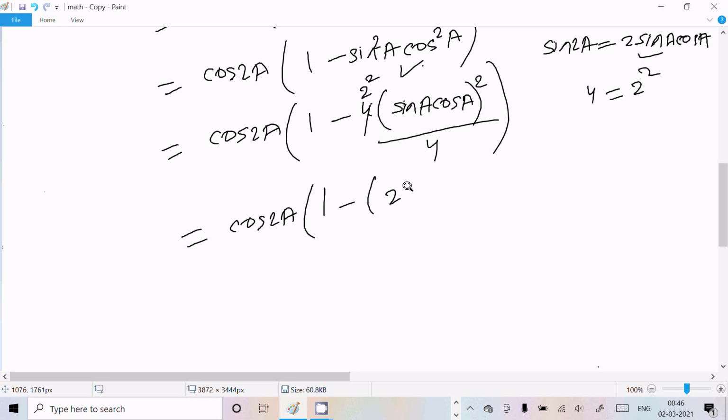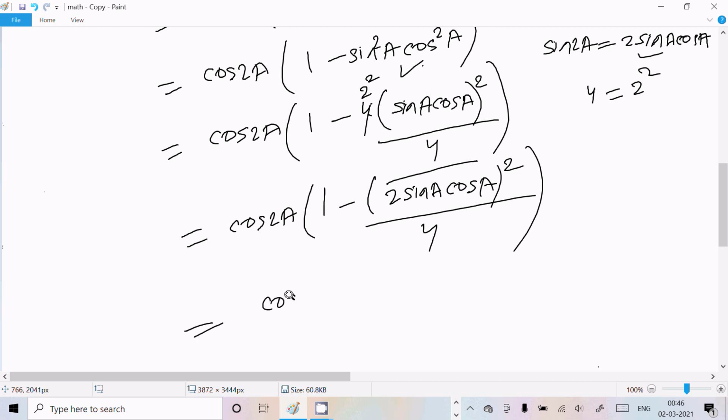So now we can put inside (2 sin a into cos a)^2, and down 4. So here finally 2 sin a cos a we can write as sin 2a, so cos 2a, hereafter 1, (2 sin a cos a) we can write sin 2a, and squared. Either we can give the power fully or you can give the power at this place, and there you can write 4.